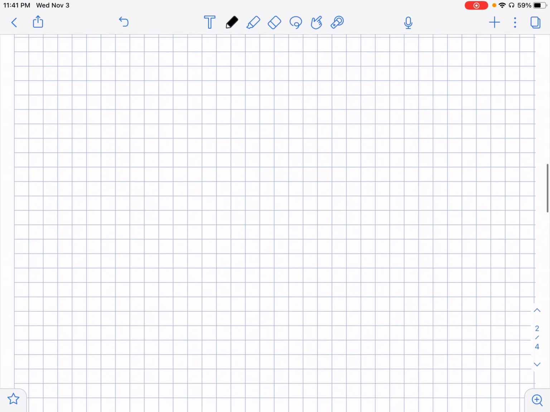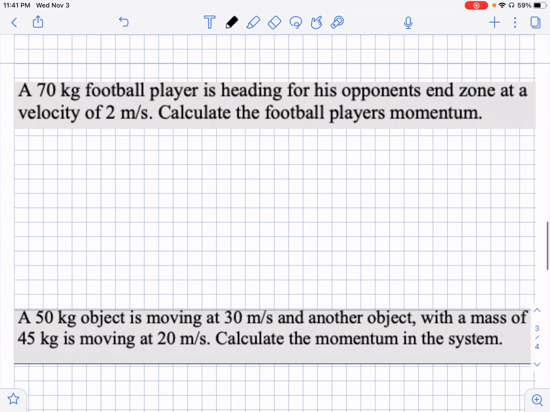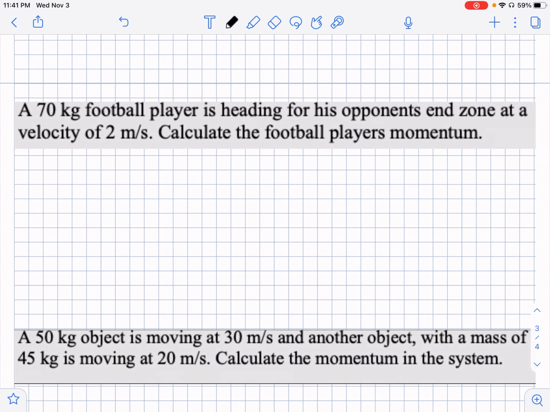And let's look at a couple examples and just applying this new equation. So the first one says we have a 70 kilogram football player and he's moving at a velocity of 2 meters per second, and we're going to calculate his momentum. So we'll write down what we know. The mass is 70 kilograms. The velocity is equal to 2 meters per second.